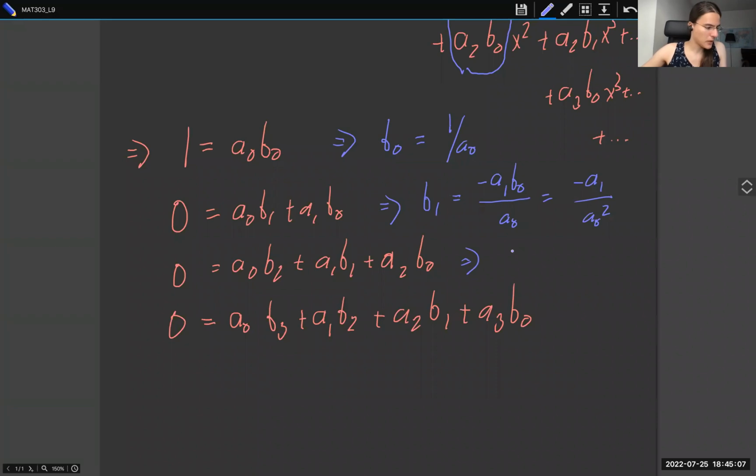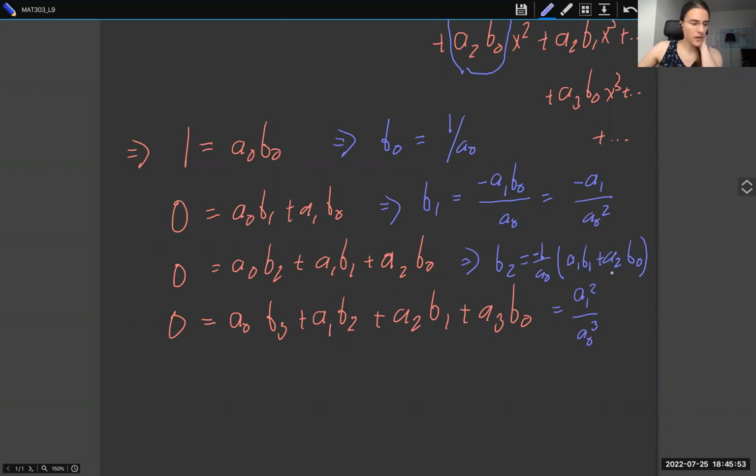Then here, for example, you get that b2 is equal to 1 over a naught, let's say minus 1 over a naught, times a1 b1 plus a2 b naught, which is going to give us, when we plug in for b1, a1 squared, the minus signs are going to cancel out, so a1 squared, and then a naught at the bottom, and so divided by a naught cubed.